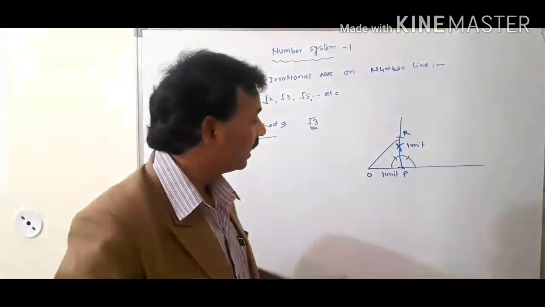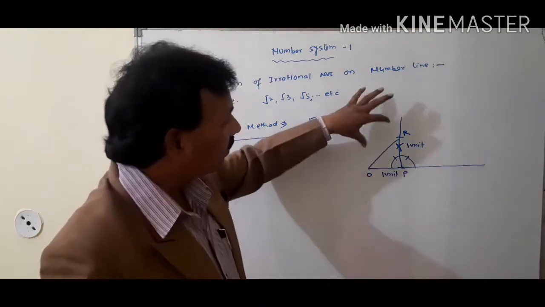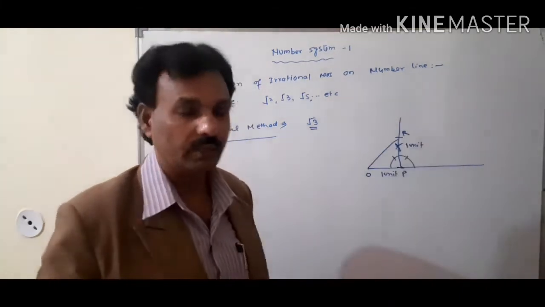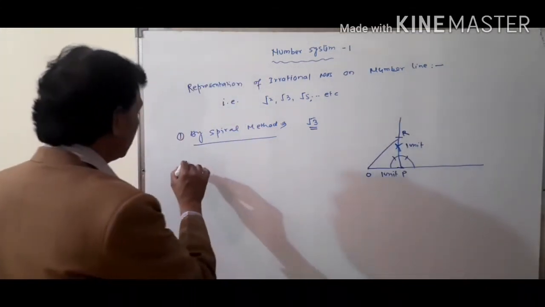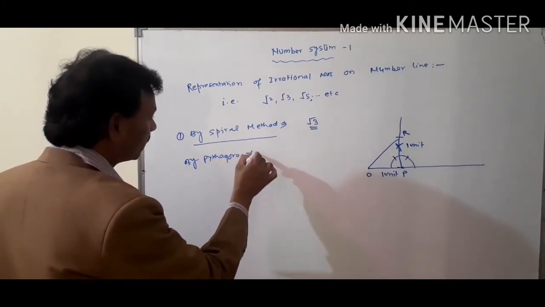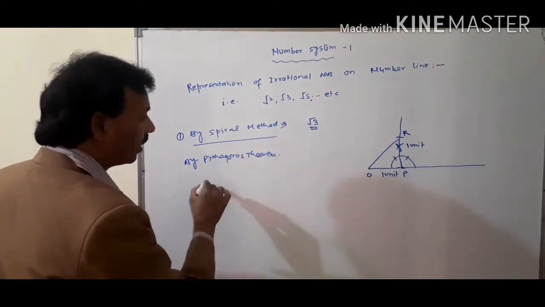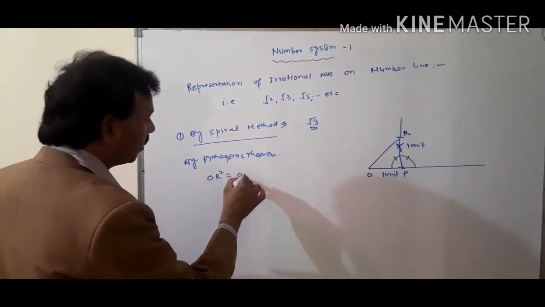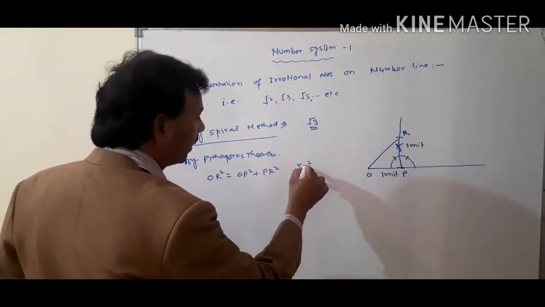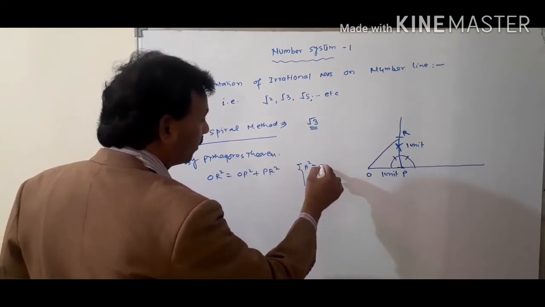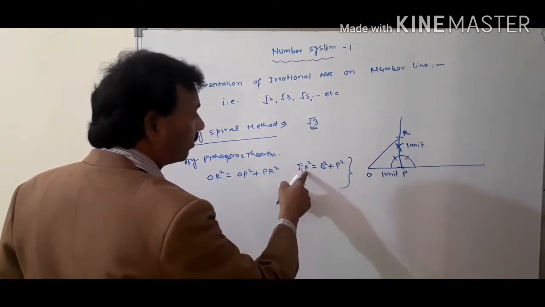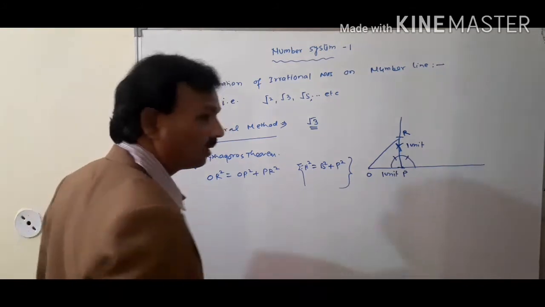In any right angle triangle, square of hypotenuse is equal to square of base plus square of perpendicular. Now here by Pythagoras theorem, OR square equals OP square plus PR square.